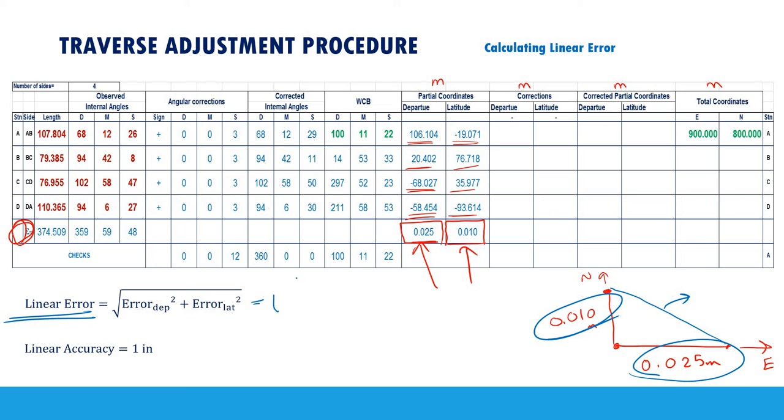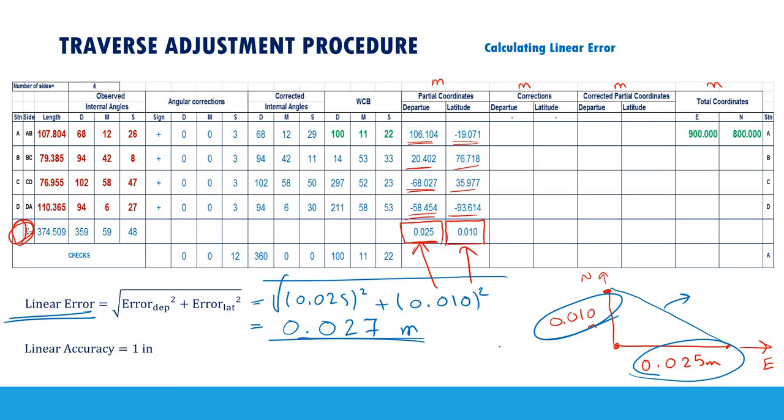This is called the linear error, the square root of 0.025 squared plus 0.010 squared. Let's calculate that. 0.027 meters. This is the linear error.